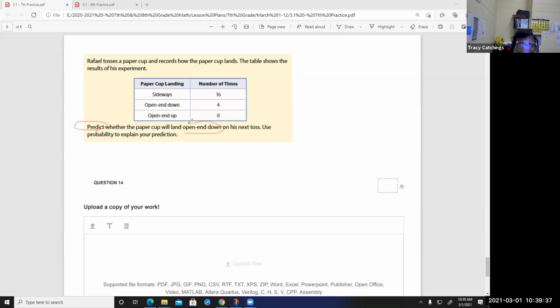All right, they asked us about open and down. 4, out of how many? 20. 20%. All right, now give us a prediction.